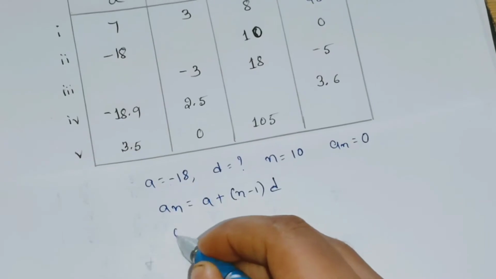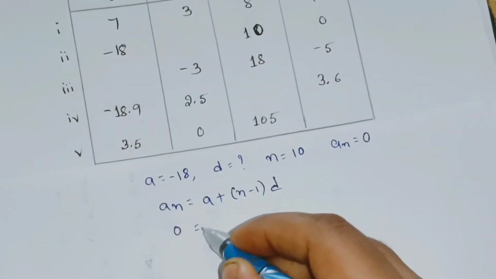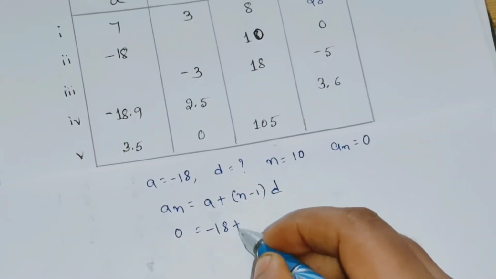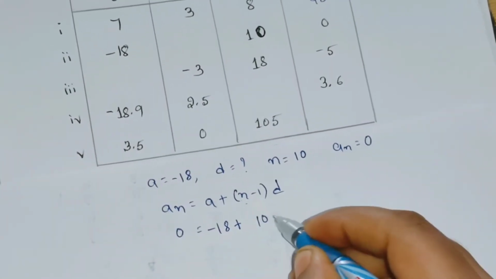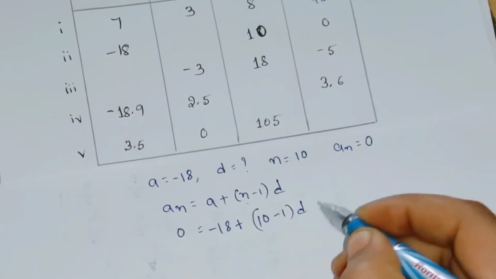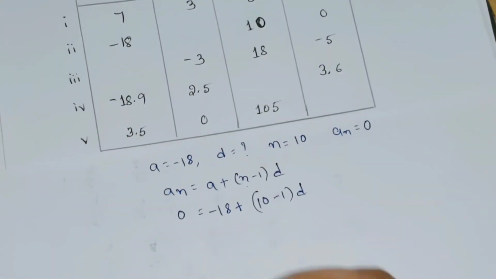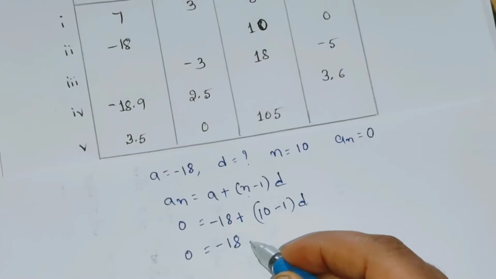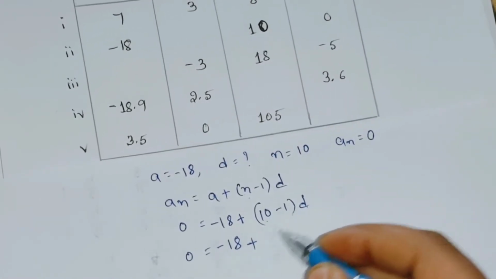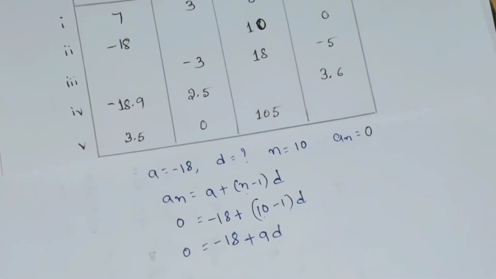Here an is 0, a is minus 18, plus what is n? It is 10 minus 1 into d. Because you don't know d, write it as it is.